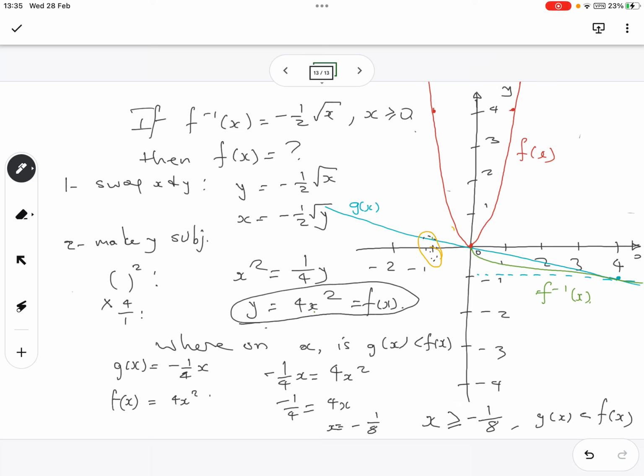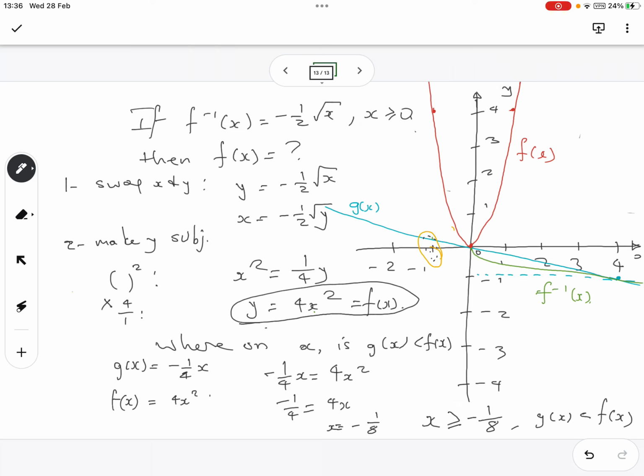Because anything greater, let's say positive 1 over 8, for f of x, it will give us positive 1 over 16.